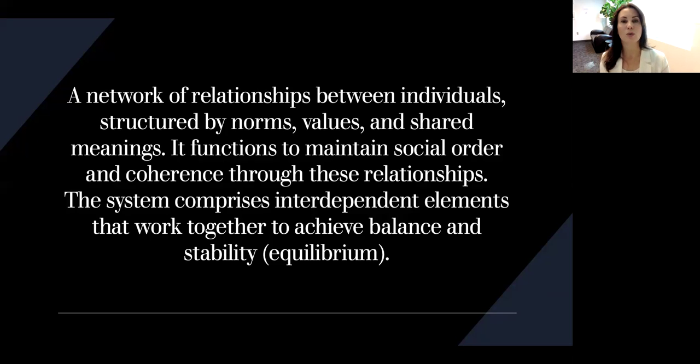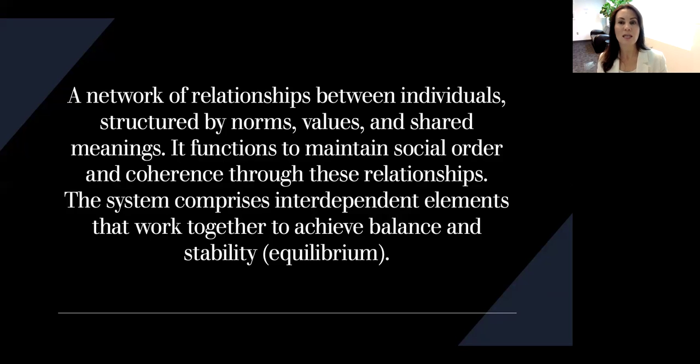Once you familiarize yourself with those norms and values, you can go and pray, right? So these are very important for Talcott Parsons' systems theory. You have to know the norms, values, and shared meanings to interact with them.